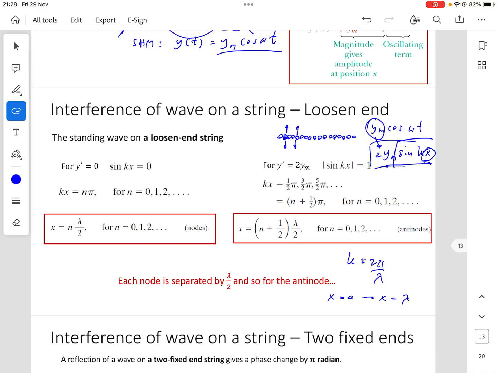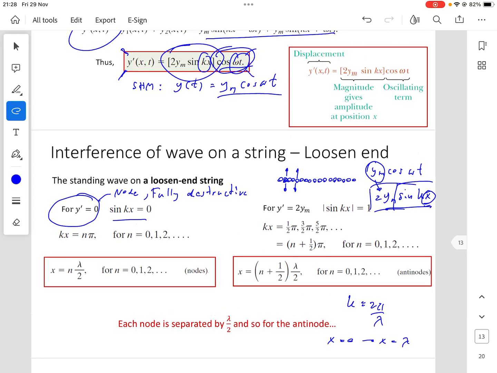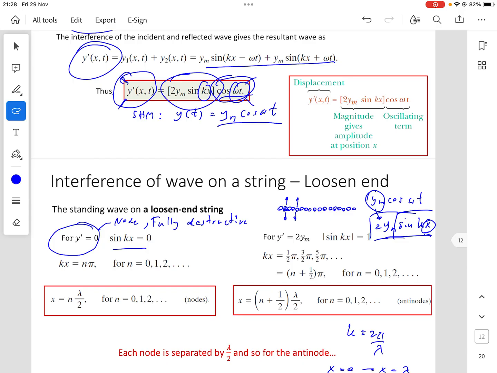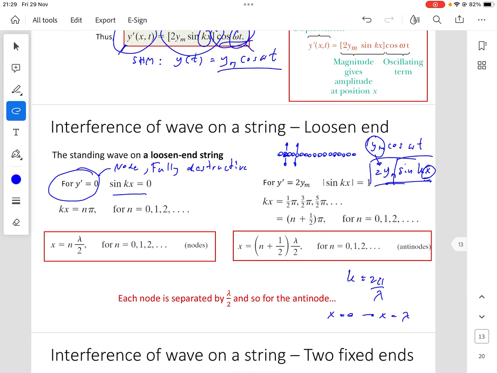So in this case, if sine kx equals 0, you want to find the node, or fully destructive position. You just say my y prime x,t should equal 0. That means sine kx should equal 0 and kx equals n pi.